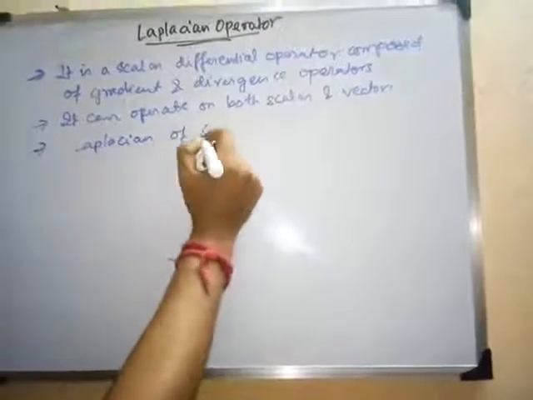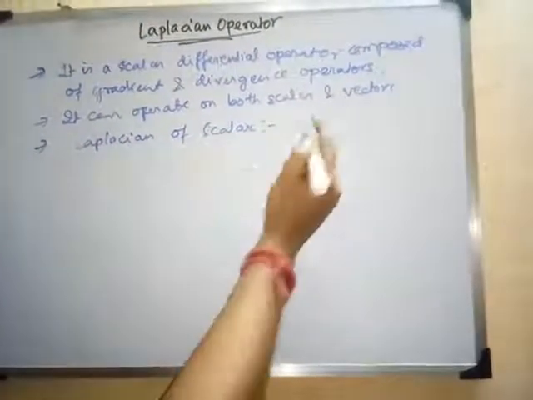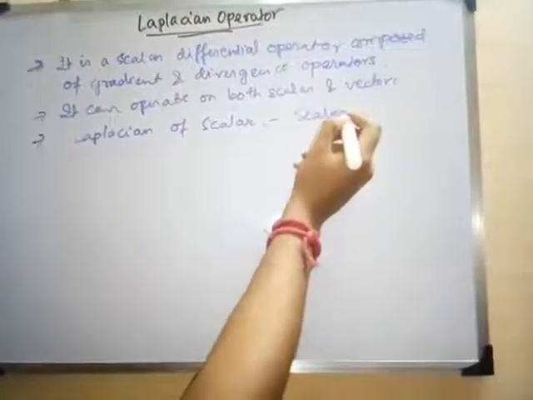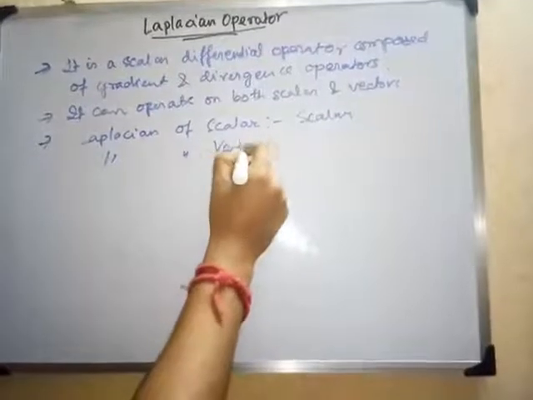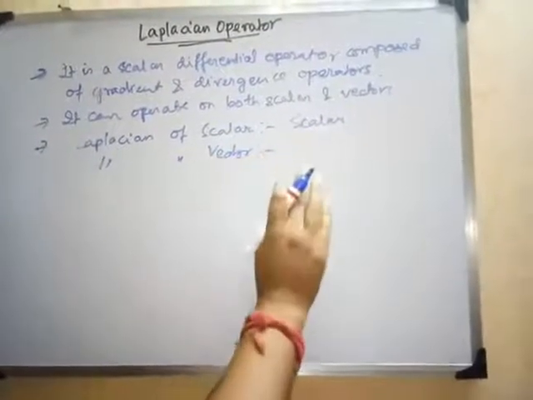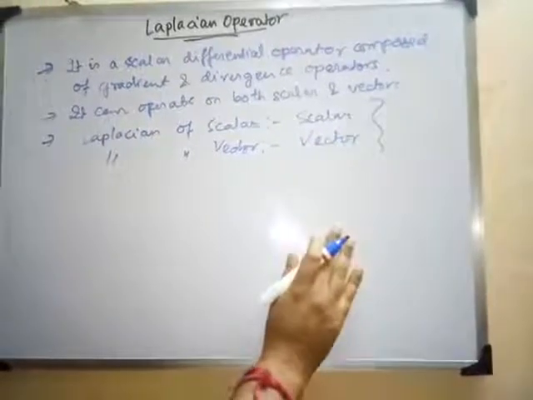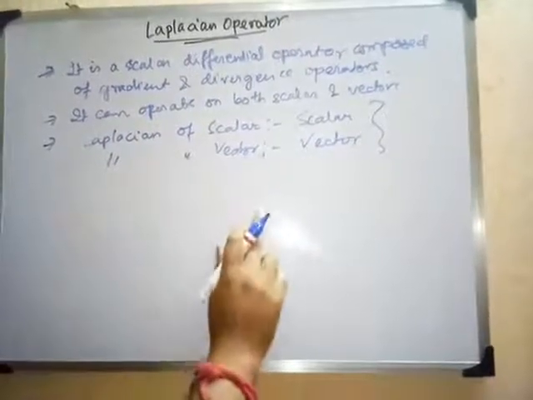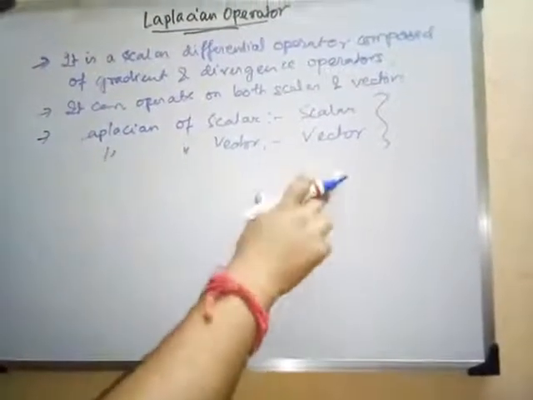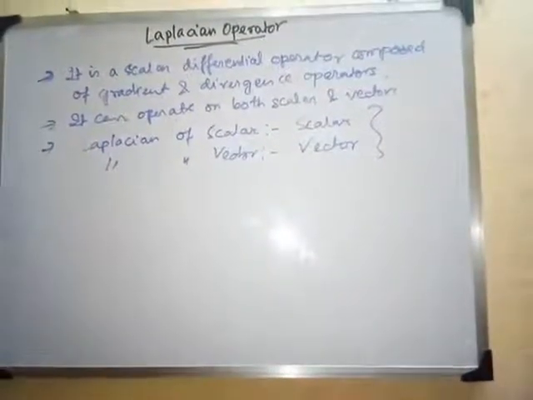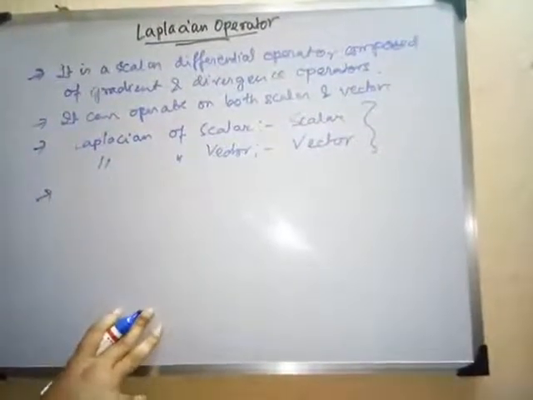The Laplacian of any scalar quantity will always result in a scalar itself. Similarly, the Laplacian of any vector quantity will always be a vector. So these are the properties: the Laplacian of a scalar will always be a scalar quantity, and the Laplacian of a vector will always be a vector quantity. Now let us see how the representation works in the case of the Laplacian.